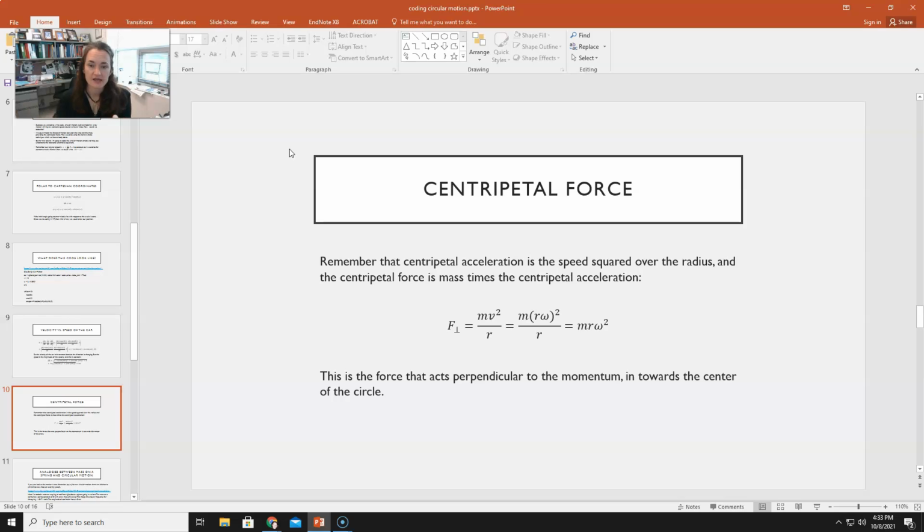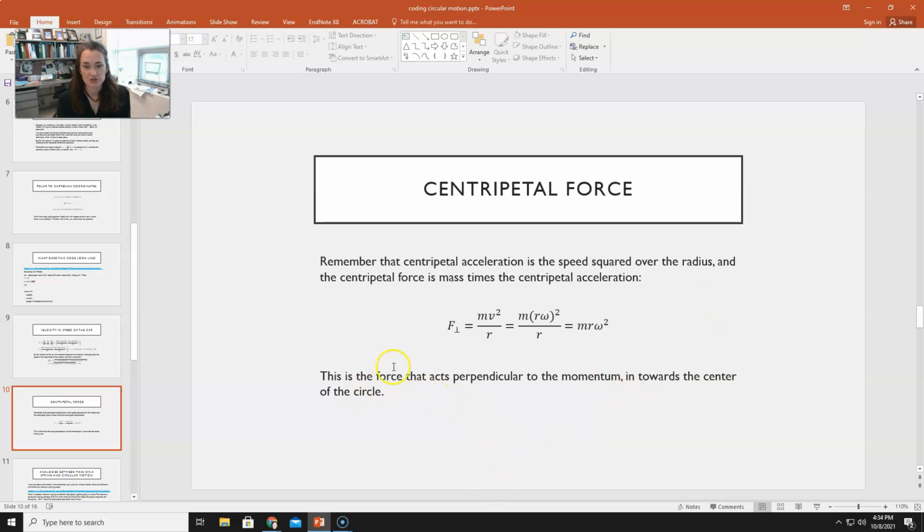If I do that, then I have m times (r omega) squared divided by r, and that gives me m r omega squared. So my centripetal force, or my F perp, could be written as m v squared over r or m r omega squared. Either one would be a correct expression.